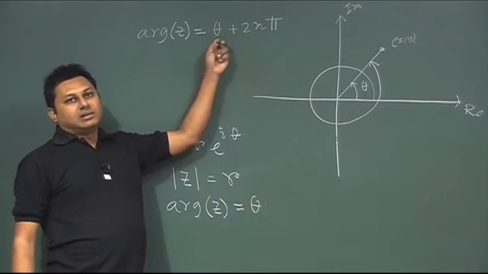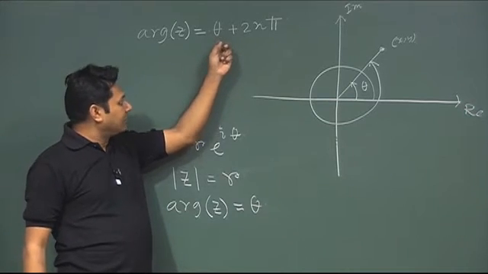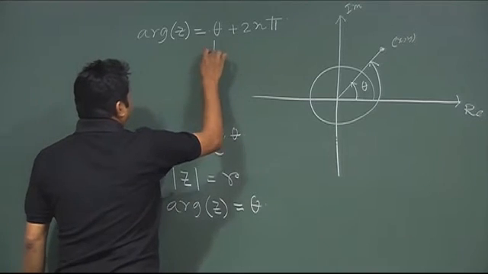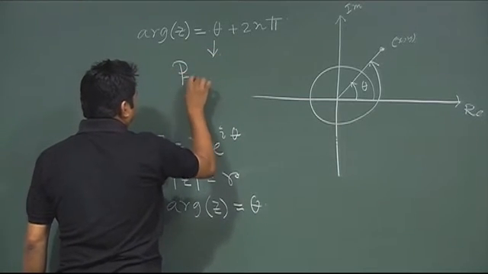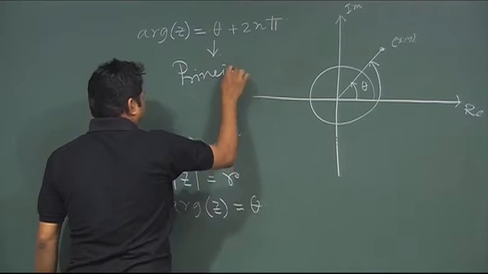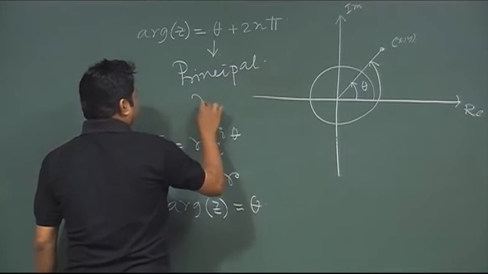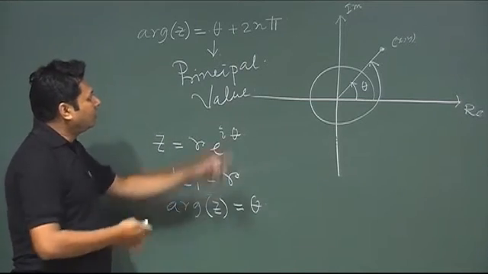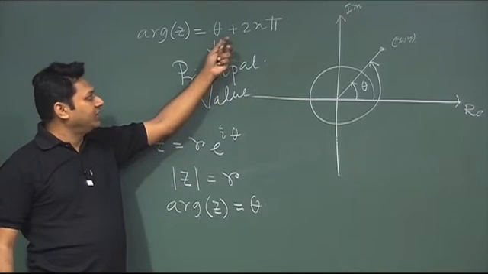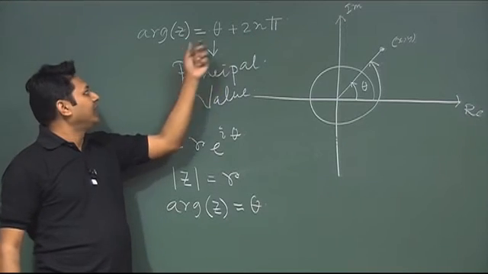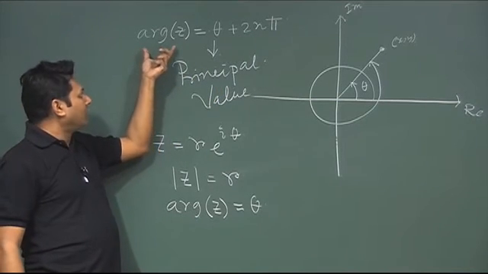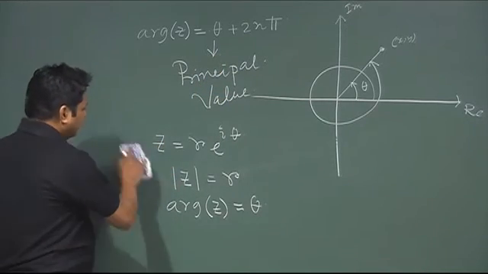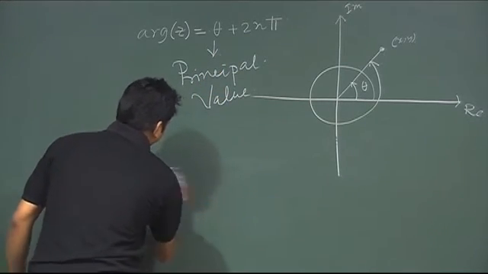Now, this theta, which is the value from here to here, is called the principal value. This principal value of theta should have some restriction, obviously, because if I add 2n pi with that, I will get the argument of z. So, if I represent this theta as a principal value, there is a way to represent it.